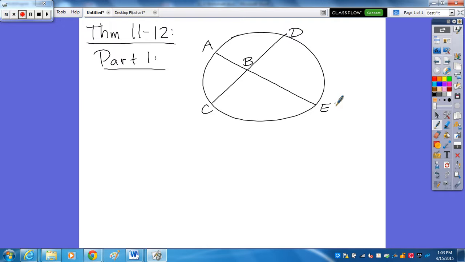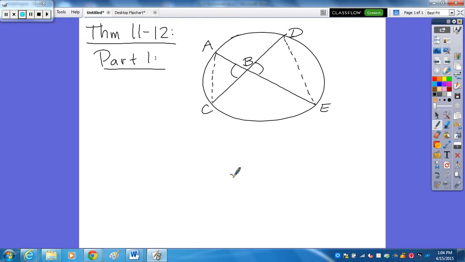In order to figure out how these segment lengths are going to play out within the circles here, I'm going to make them into triangles. So go ahead and mark your paper like that. Now, what I notice about these two triangles is that the vertical angles are congruent, so I'm going to mark those two angles congruent there.